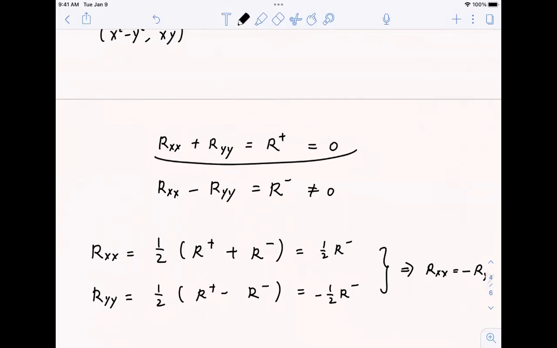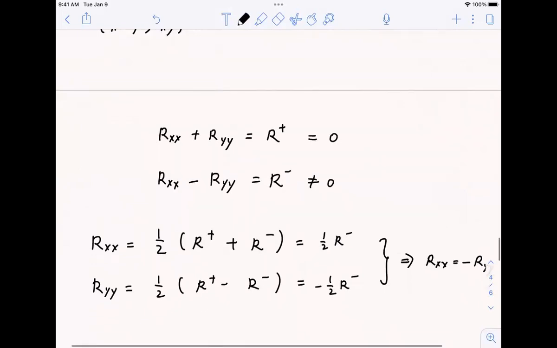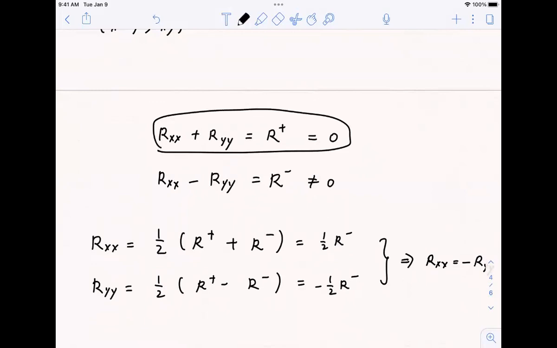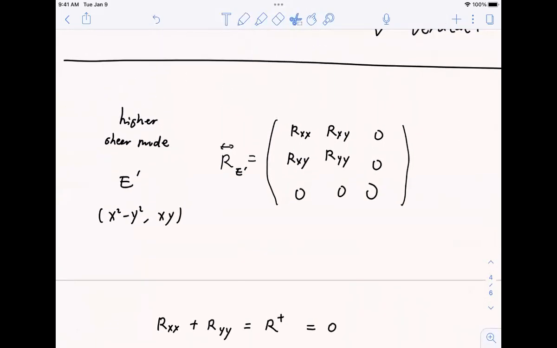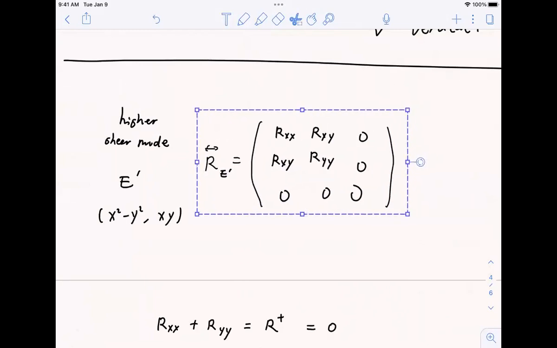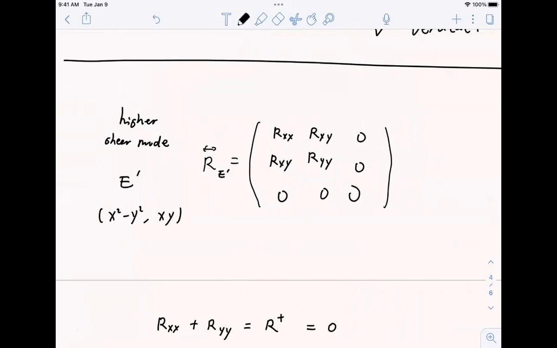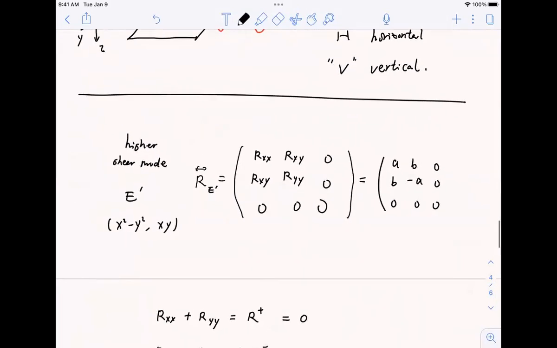Once you know their sum is 0, you can immediately get that they're negatives of each other. Okay, is that okay? So the Raman form will be A, negative A, and B. So this will be the form of the Raman tensor.